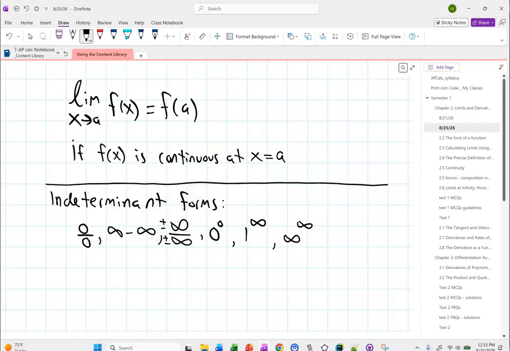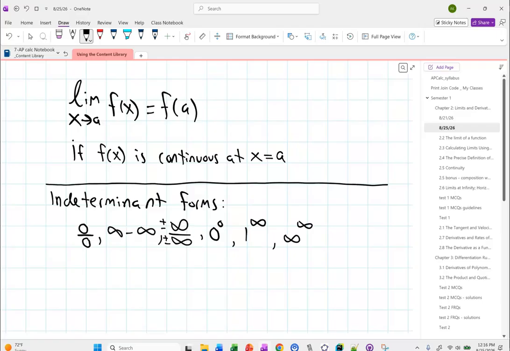Yes, sir? Would infinity divided by infinity be 1? Nope. That's because they're indeterminate. Let's talk about the difference between undefined and indeterminate.